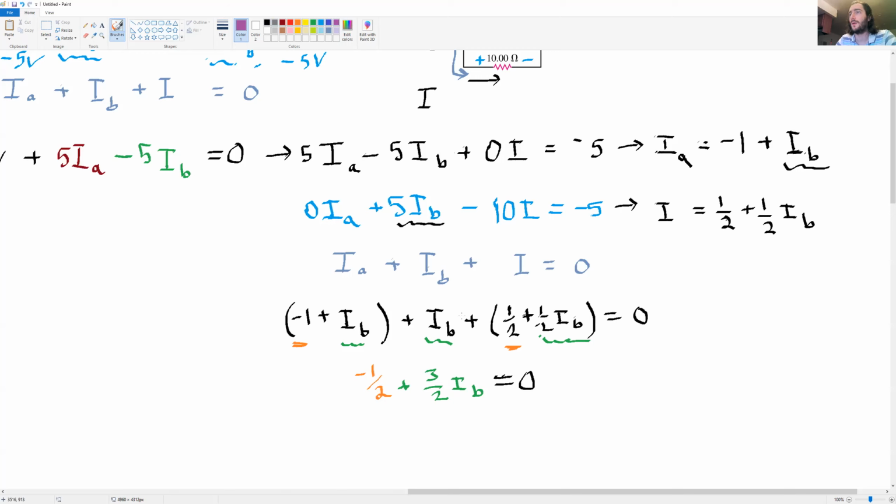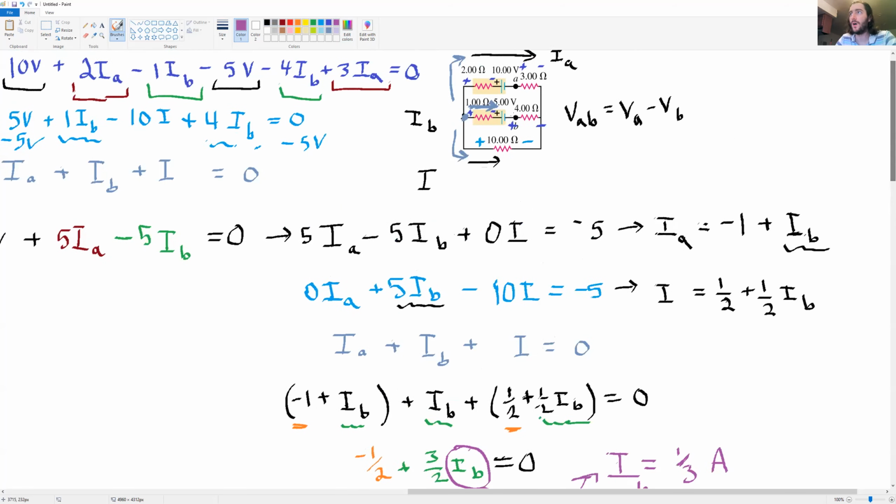I want to solve for this here. So IB is equal to 1/3 of an amp. And our units are indeed amps because in our original circuit, we have ohms for the units for our resistance and volts, right?